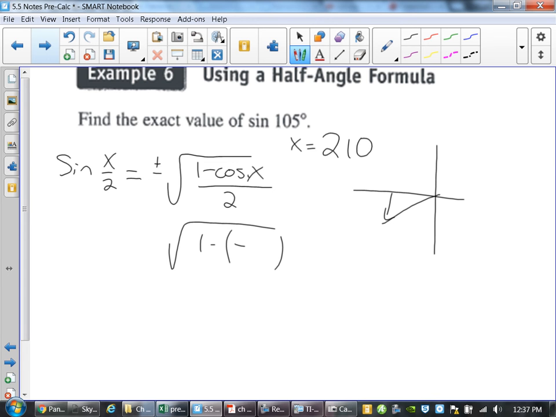Cosine of 30 is what? Well, draw your triangle. Root 3 over 2. Okay. It's going to be negative because I know it's in that quadrant. So we write it out as square root of 1 minus, well, the negative root 3 over 2, and this is all being divided by 2.